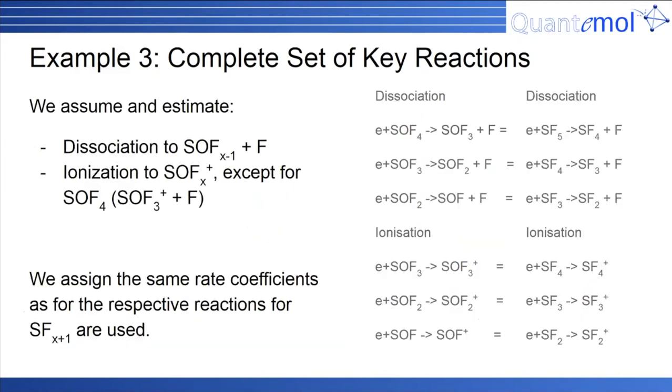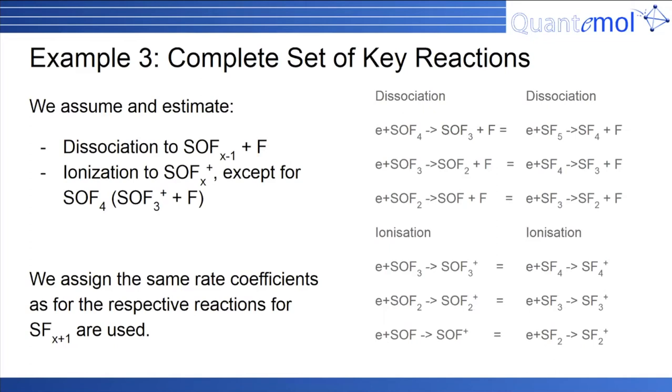To do this, we collected a set for an SF6/O2 chemistry set where we use estimated cross sections for the dissociation and ionization of these SOF species based on the respective cross sections for the SF radicals, and where we also assumed that each dissociation reaction simply knocks off 1 F of the molecule.